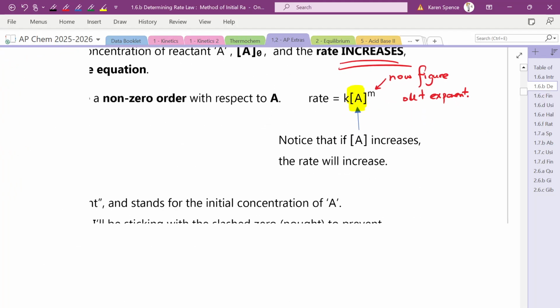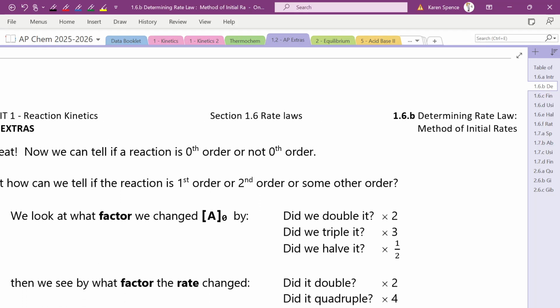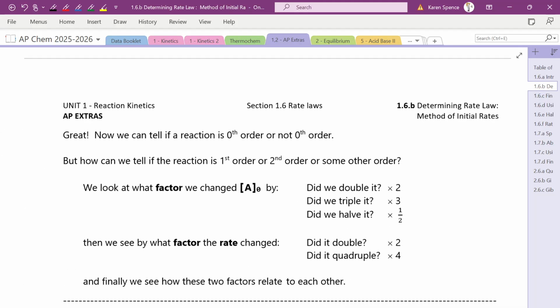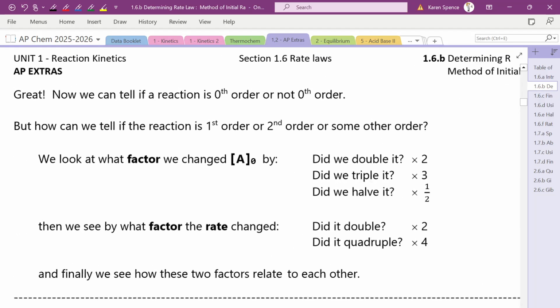It's better if we have the table. You know what? We're just going to go ahead, because I have it better laid out here. We look at our A naught values, and in the course of the experiment, we change the initial concentration of A. If we double it, that means it was times 2.